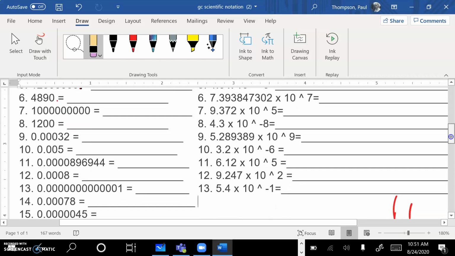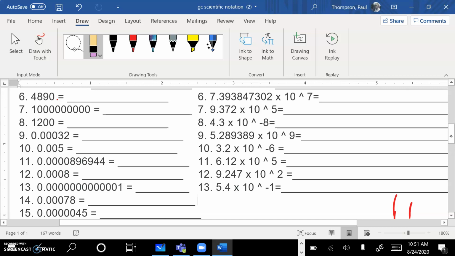Let's do one that is less than 1. Let's do number 9. So here's a decimal. Once again, I want to put it right after the first whole number. So I'm going to move that decimal over 1, 2, 3, 4. 3.2 times 10 to the 4.